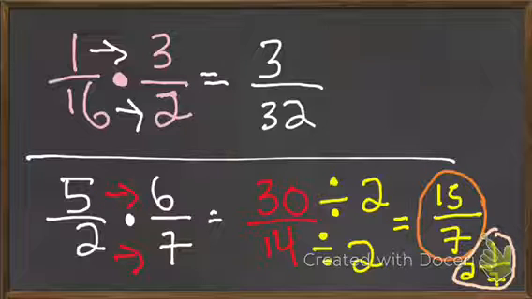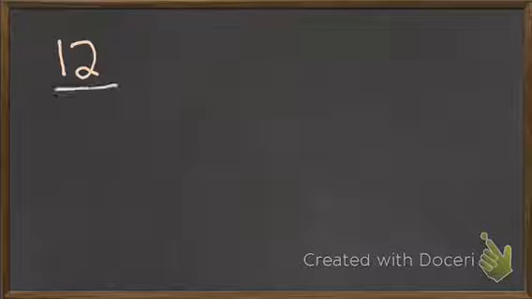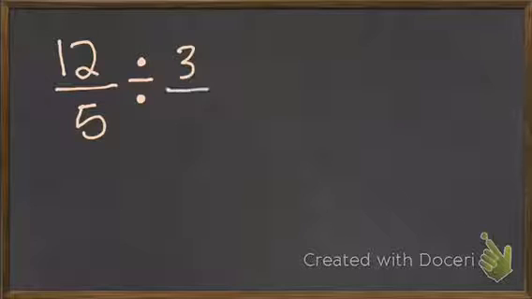Okay? Now let's do dividing fractions. So let's say you have 12 over 5 divided by 3/2. Well, dividing fractions, again, we do not care about the denominator being the same or different, but we cannot divide fractions.